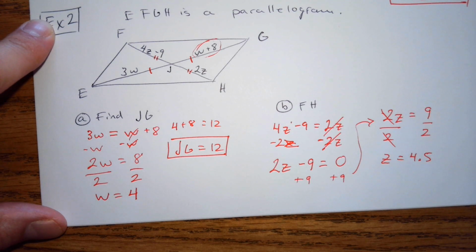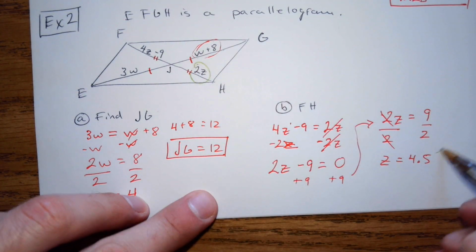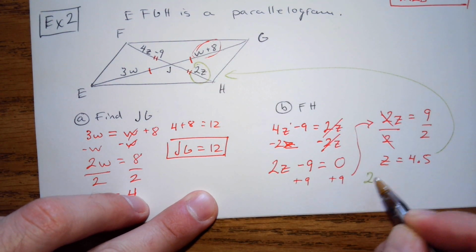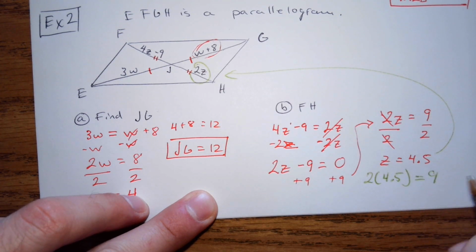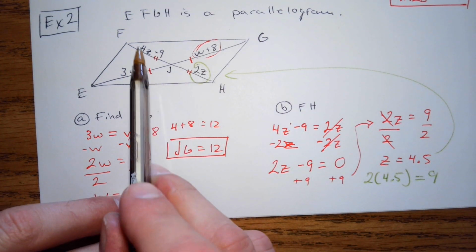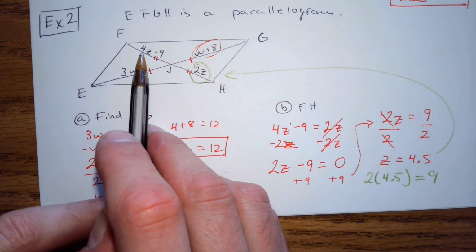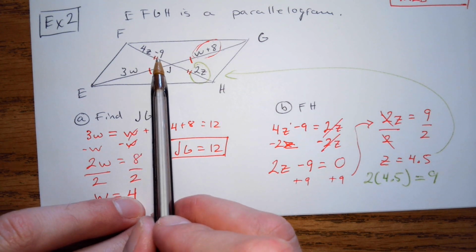I'm plugging that into here. So I have 2 times 4.5, that's back to 9. And then 9 plus 9 is 18. You could plug it into this. 4 times 4.5, that's 18, minus 9 is 9.